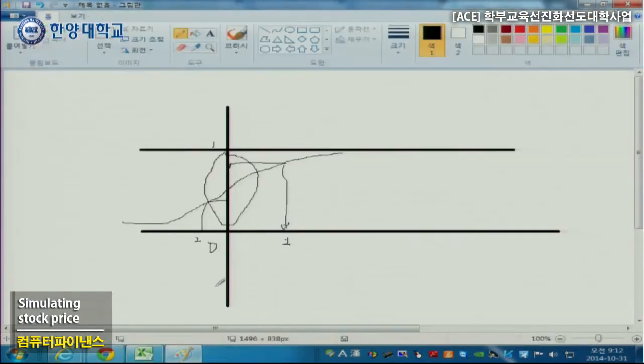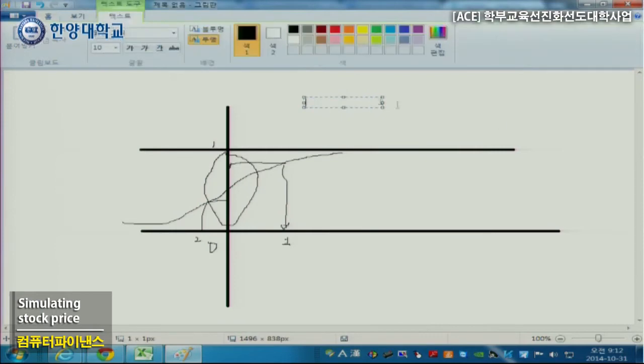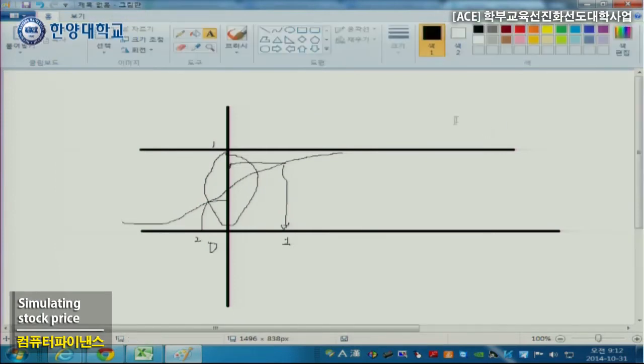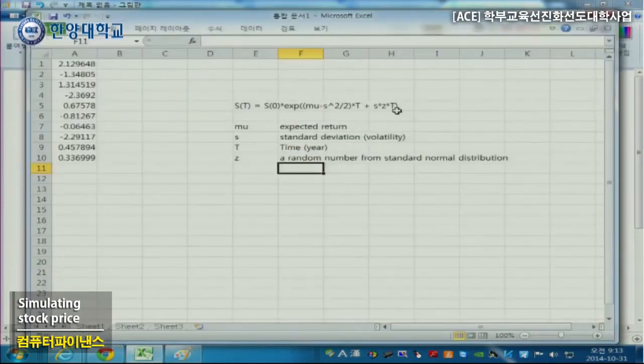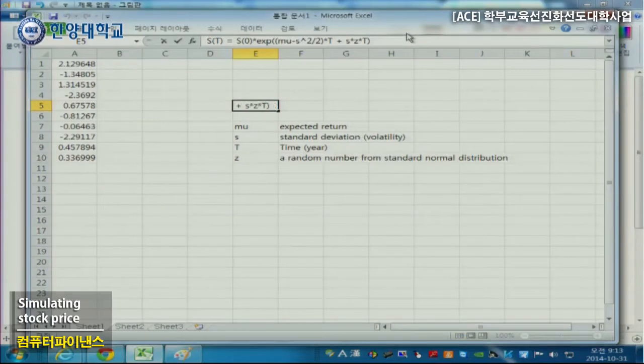So to write it out, ST equals S0, today's stock price, times e to the power of mu minus sigma square divided by 2, times time to maturity, plus sigma, epsilon, standard normal distributed, and root T. Sorry, I forgot the root here. T is, for example, 0.5.